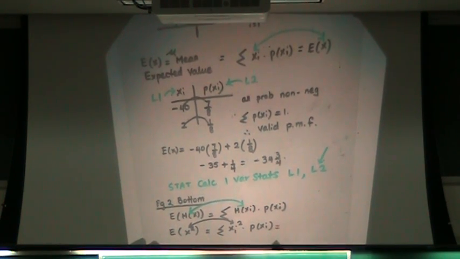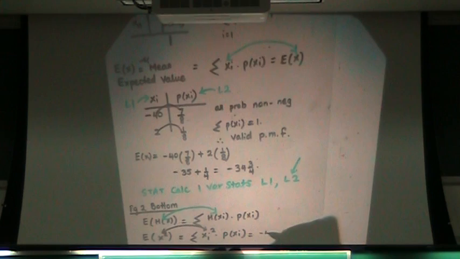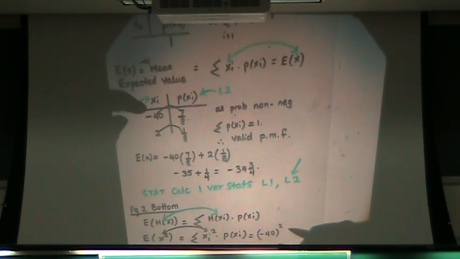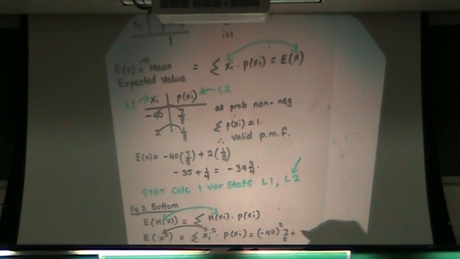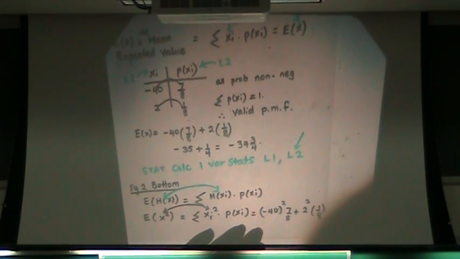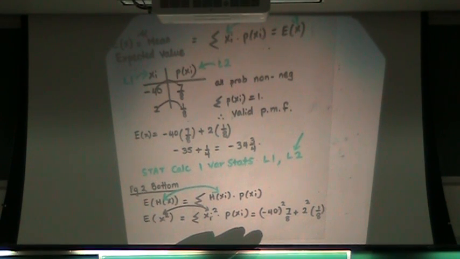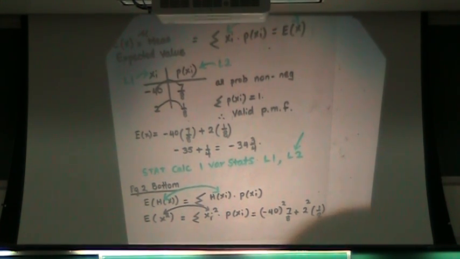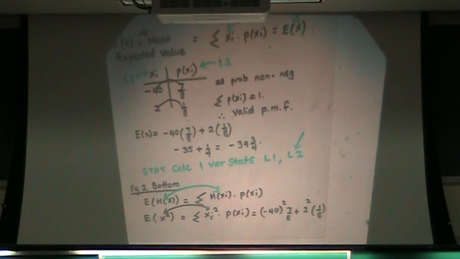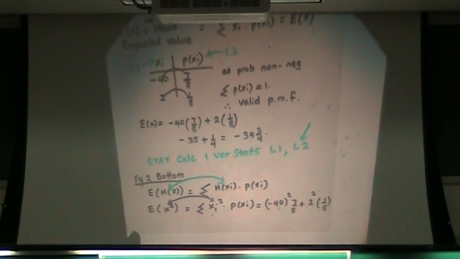So if that were the case, I would say minus 40 squared. I'm taking my first x and squaring it, times 7/8 plus 2 square times 1/8. Get it? Yes or no? Okay, can you find me E of X cubed for this function? E of X cubed.